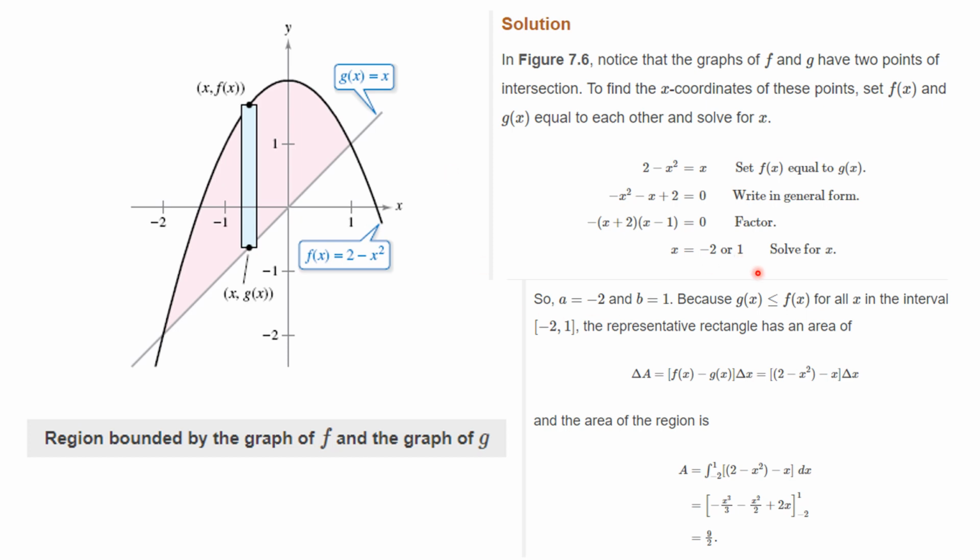Those are the limits of integration. So the area of the region is the integral from minus 2 to 1 of the top one, that is 2 minus x squared, minus the whole of the bottom one, and we do the calculation using the fundamental theorem of calculus, and we get 9/2.